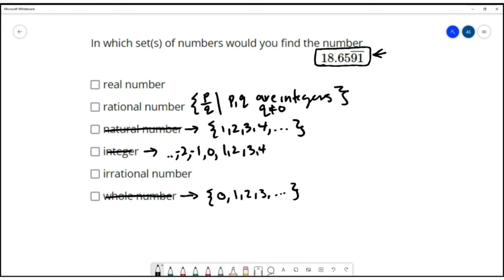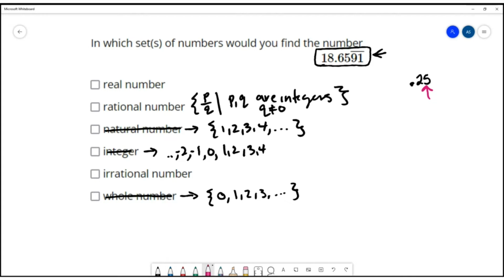I'm going to take a simpler example to show you. If you have a decimal like 0.25, this is a terminating decimal. And when you have a terminating decimal, your final decimal place is going to have some place value. In this case, the 2 is in the tenths place and the 5 is in the hundredths place.